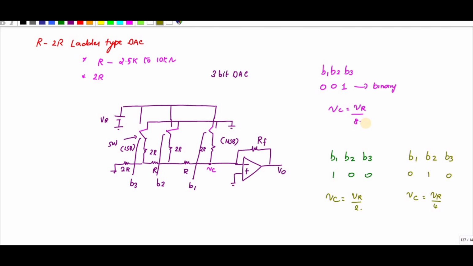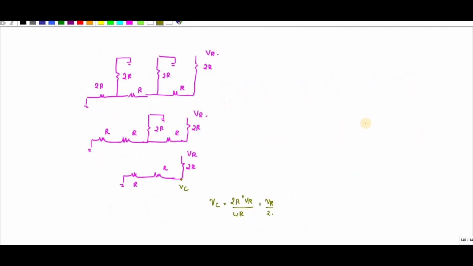Okay. And at this point I can read out the circuit like this, right? So the final values you will get VR by 2, in series with R. The equivalent resistance is R. Okay, that is connected to the op amp like this.